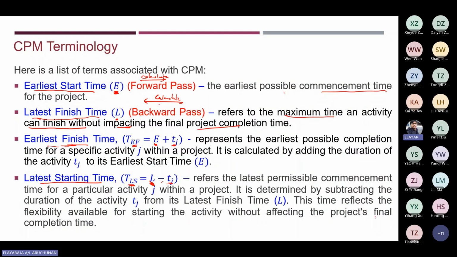So if you subtract the duration of the project from the latest finishing time, you are able to get the latest starting time. So please remember all these terminologies and definitions, so that it helps you calculate the CPM.